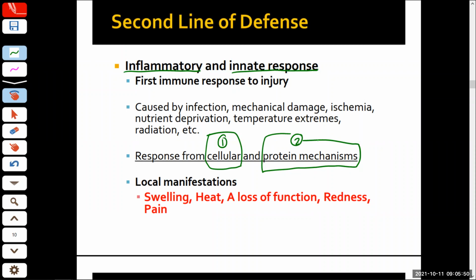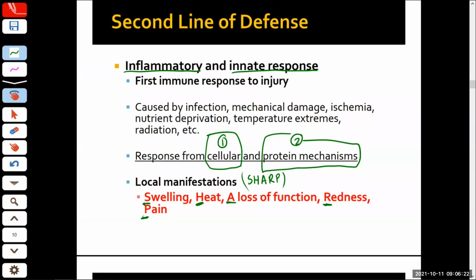So local manifestations, local symptoms, local signs include swelling, heat, a possible loss of function, redness, and pain. For those eagle-eyed viewers, what does that spell? Sharp. That's how you remember that. SHARP is an acronym for your local signs and symptoms of inflammation.